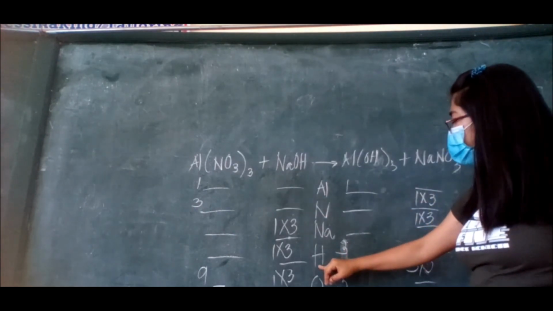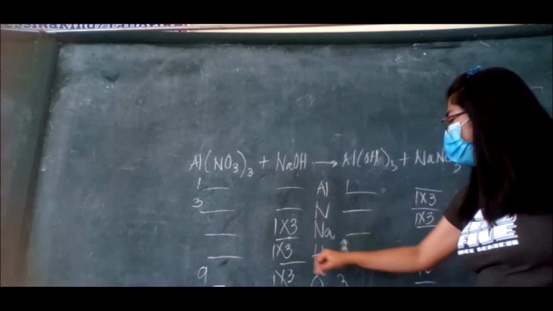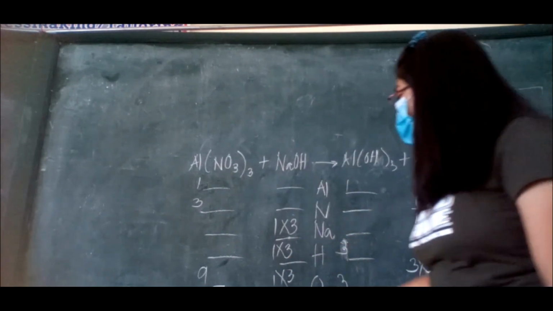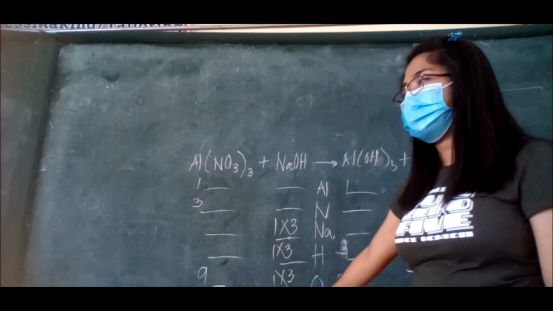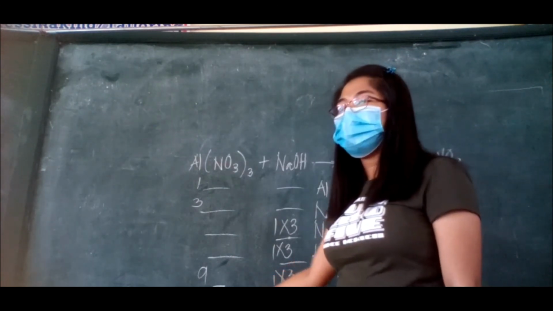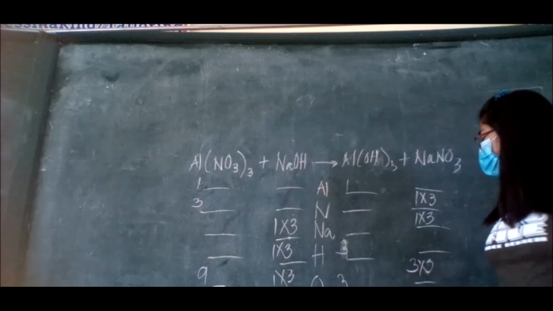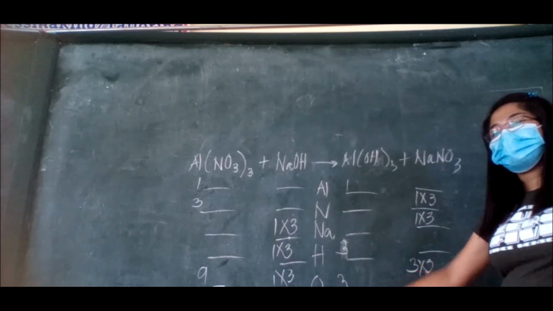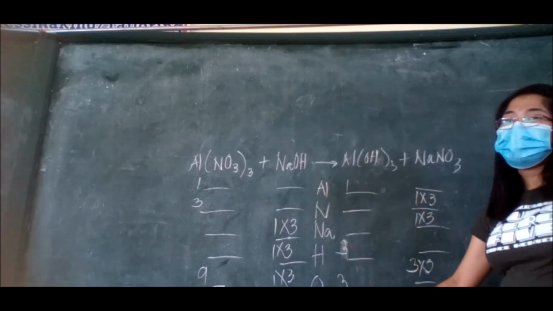Okay, now let's proceed to hydrogen. 1 times 3, that's 3, and 3 in here. Now, what about the oxygen? We have 3 times 3, that's 9, plus 3, that's 12. And on the other side, 3 times 3, that's 9, plus 3, it's 12. So, they're all balanced.